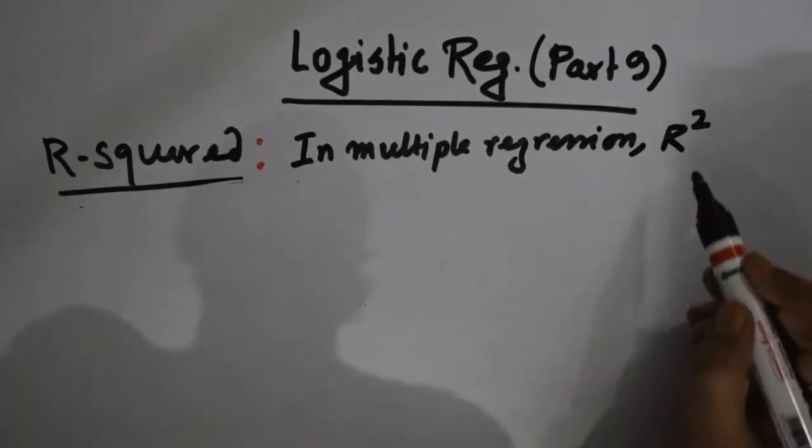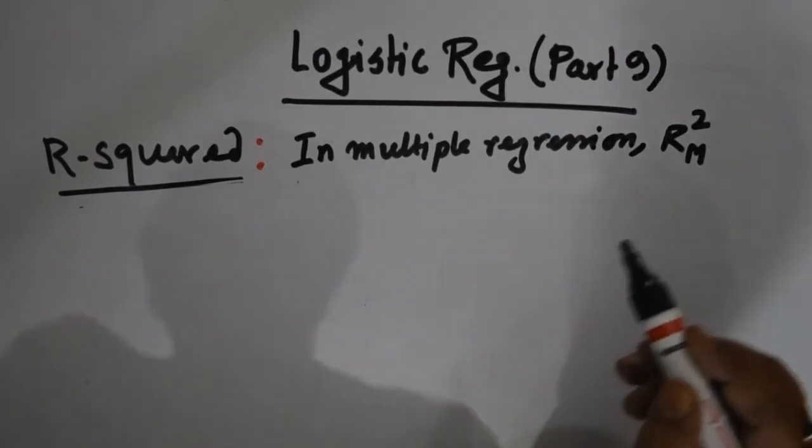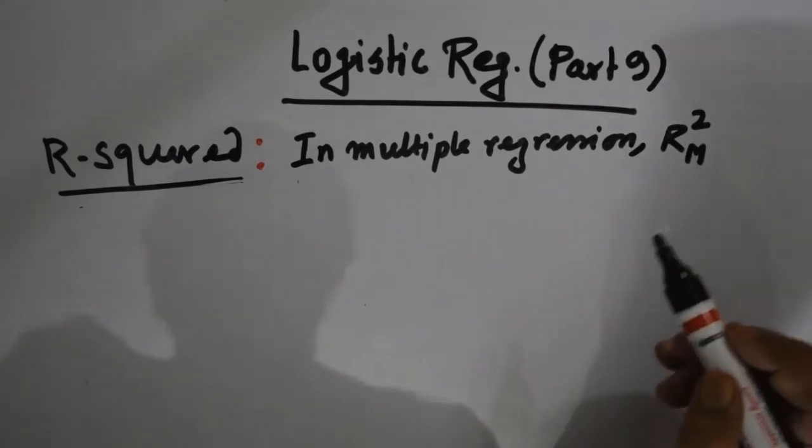R-square, I denote it by Rm square. M stands for multiple.